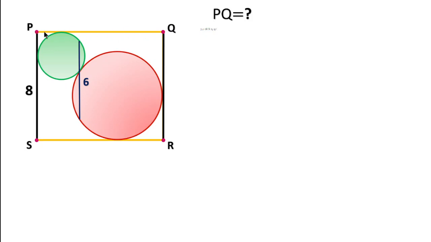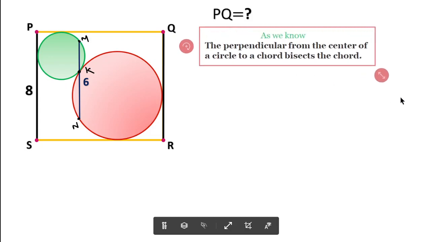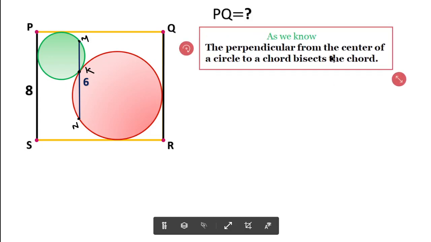So to find the length of this PQ, first I will consider this point as M and this point as N and this point as K. Okay, so MK will be the chord for this green circle and KN will be the chord for this red circle. And there is one important theorem, that is the perpendicular from the center of a circle to a chord bisects the chord.